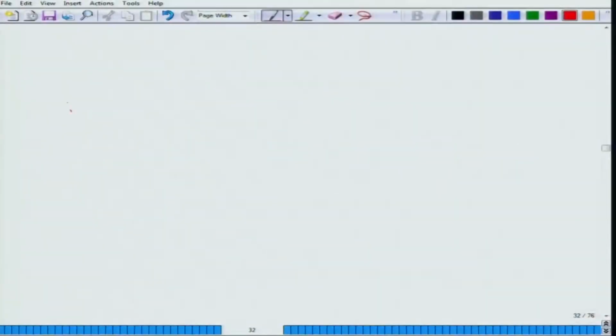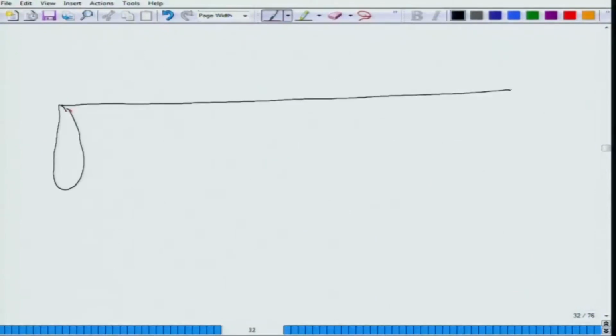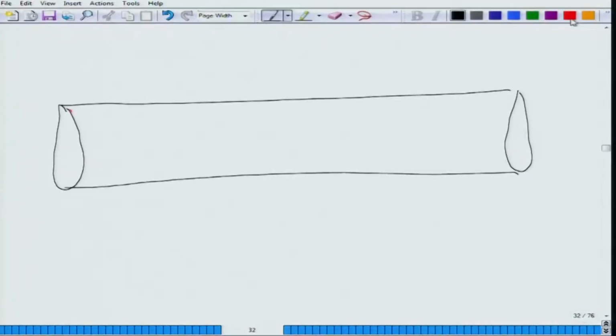Essentially, if I have to draw this, imagine this is your blood vessel. Now, say for example, you create a cut out here. Then this is the vascular spasm situation.